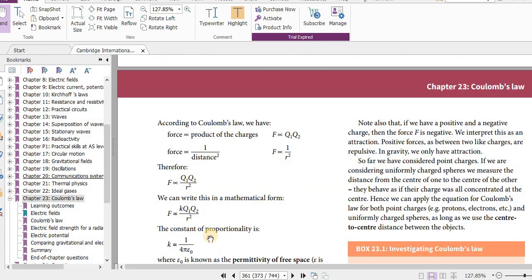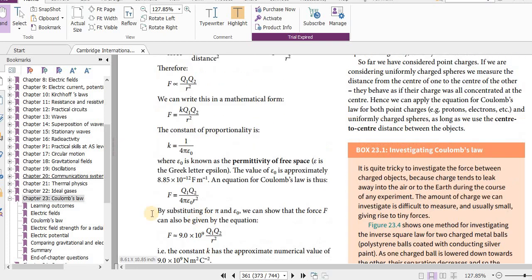Then you can see here is the equation. And previously we saw that it can be written like this. So K is equal to 1 over 4 pi epsilon naught, and with that we can write it like this also. So here we have the equation F is equal to K Q1 Q2 over R squared, and if you know this, then we can write it like this also.